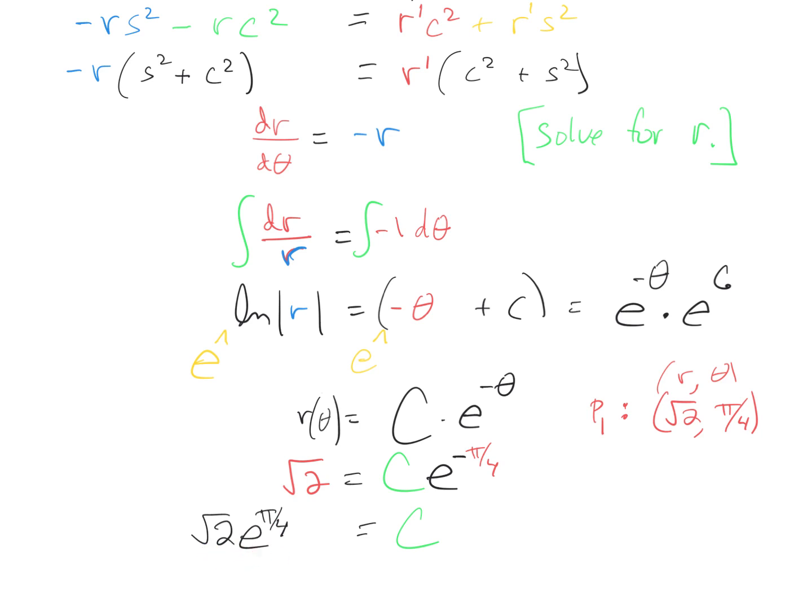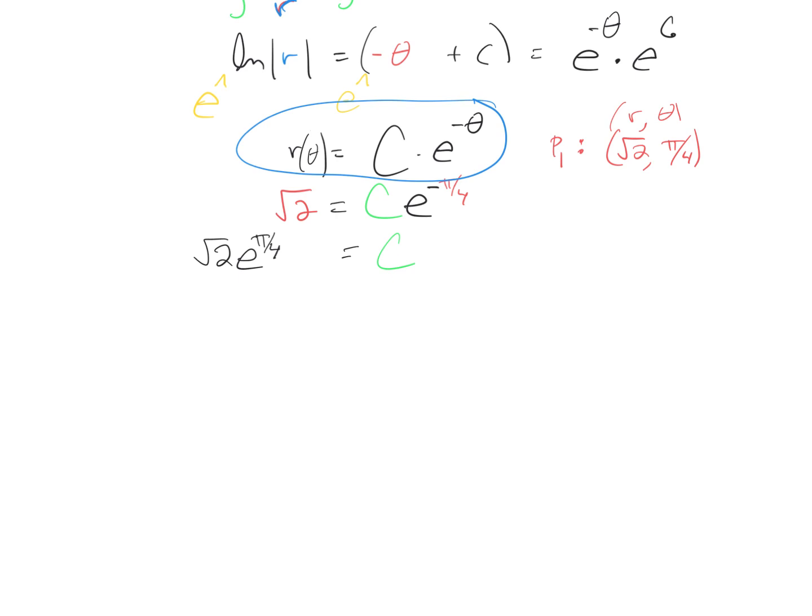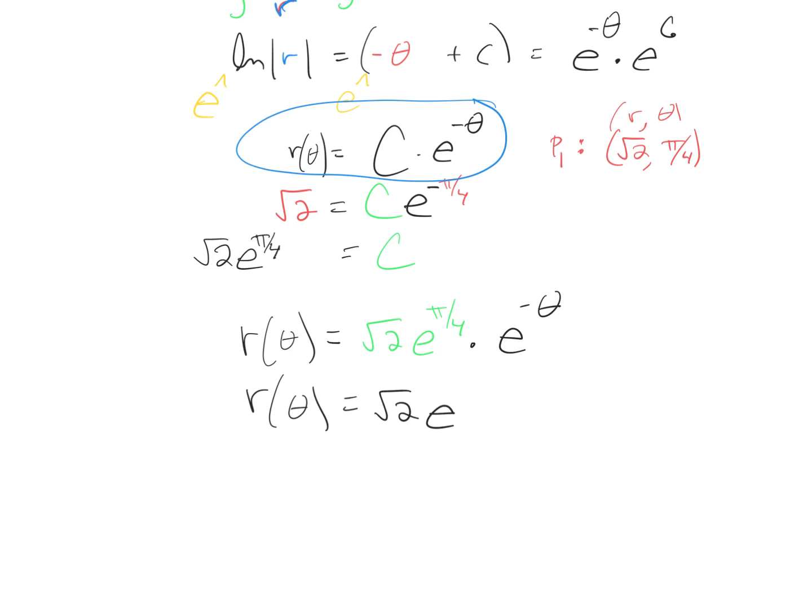So now we can rewrite our equation for r as c times e to the negative theta. Or in other words, root 2 e to the power of pi over 4 minus theta.